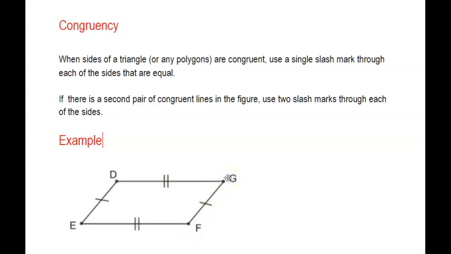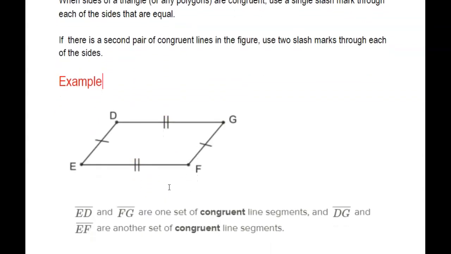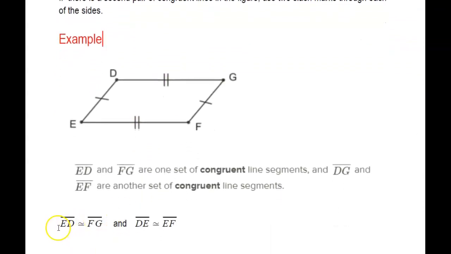Again, use the alphabet to determine which letter comes first. Now, if a second set of lines are in the figure that are also congruent, use two slash marks. So I would say DG is congruent to EF, but they're not congruent to these two here. So I have to indicate by using a different number of slash marks. And I would write them like this.